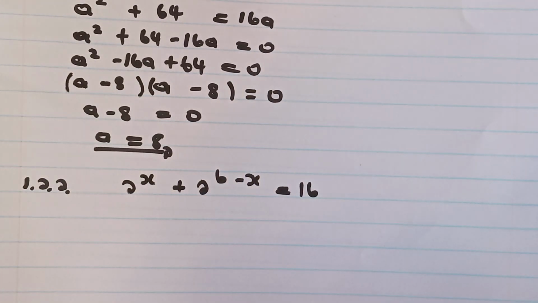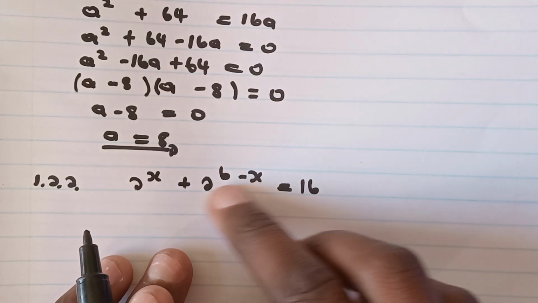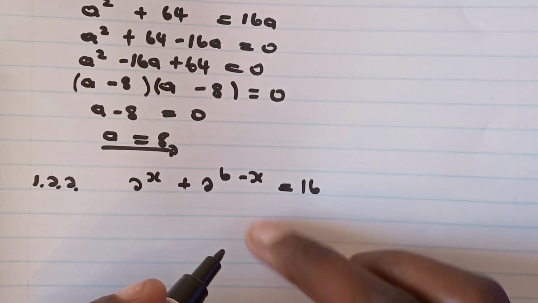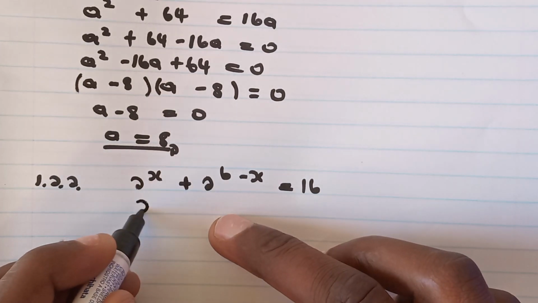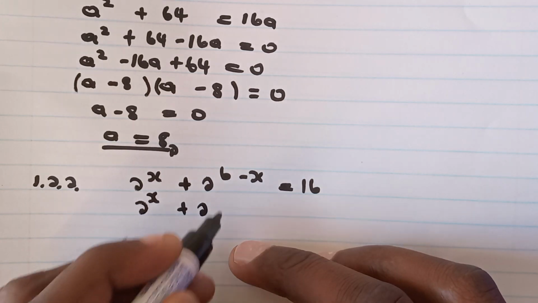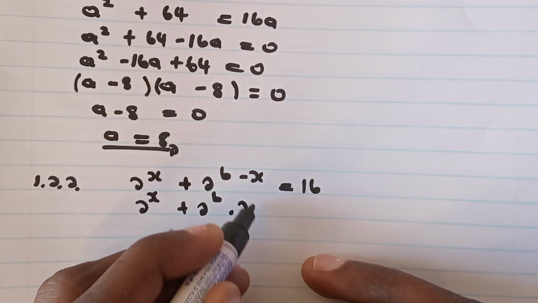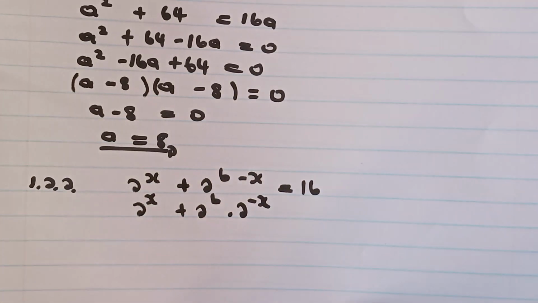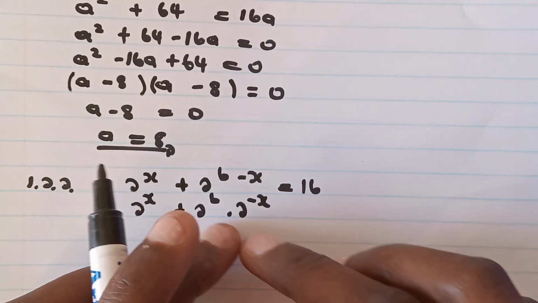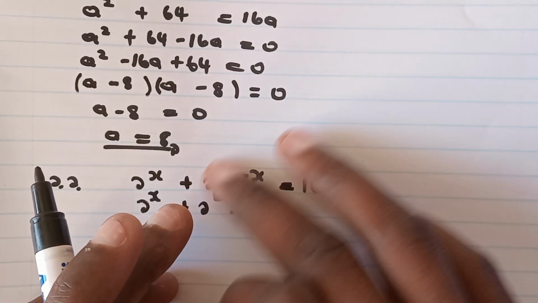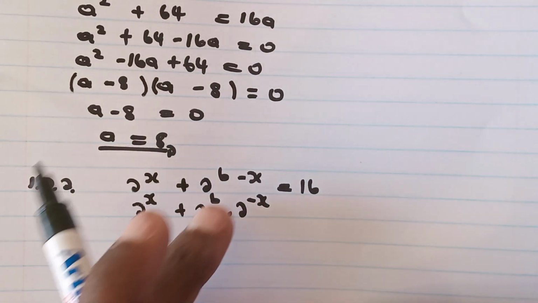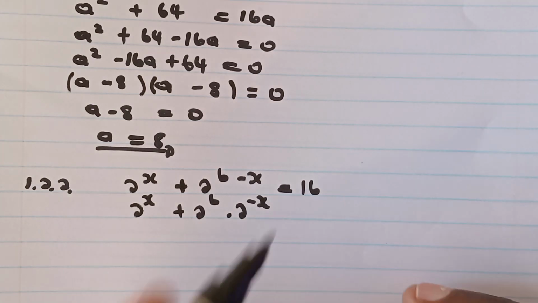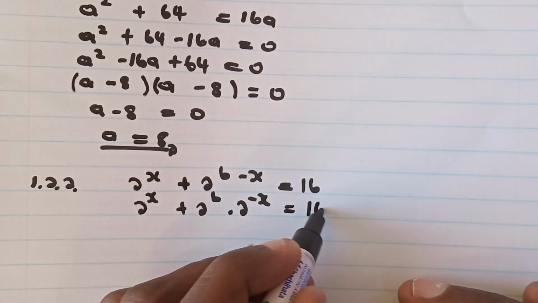Okay, for now, let's split this term into 2 in such a way that, let's say, 2 to the power x plus 2 to the power 6 times 2 to the power negative x. We just split this term, 2 to the power 6 minus x, into 2 to the power 6 times 2 to the power negative x, then it's equal to 16.